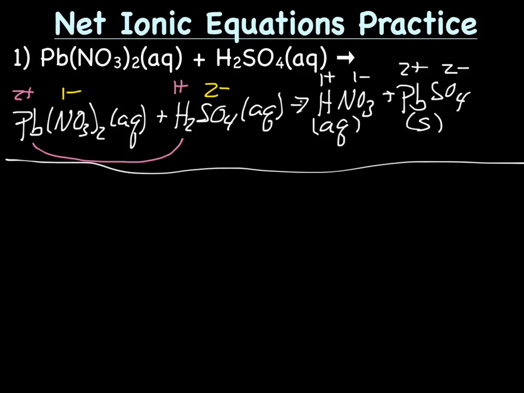We don't need to worry about balancing because we're not actually done with the problem yet. Okay, next step is our complete ionic equation, which means take all the ions, separate them, take all the aqueous, right, and separate them out into ions.